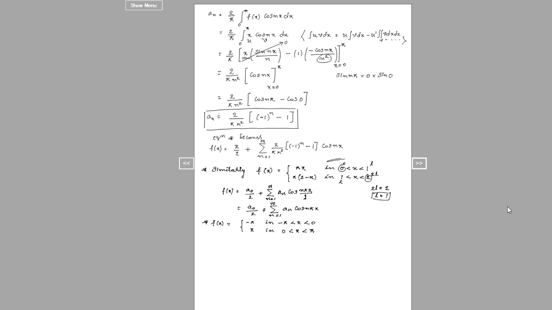As this question was asked in June 2018, there is a chance of it being asked again. Why did I tell you earlier that it is neither even nor odd? The given interval is minus pi to pi and the function is minus pi and x here.